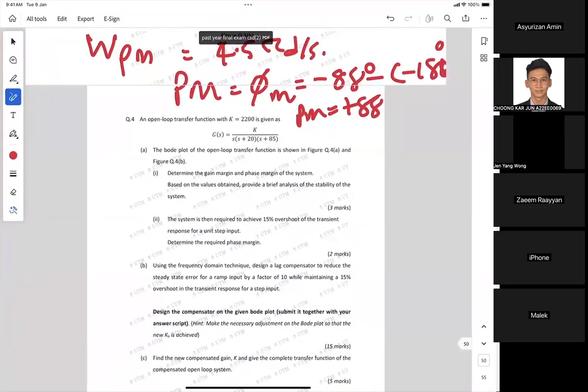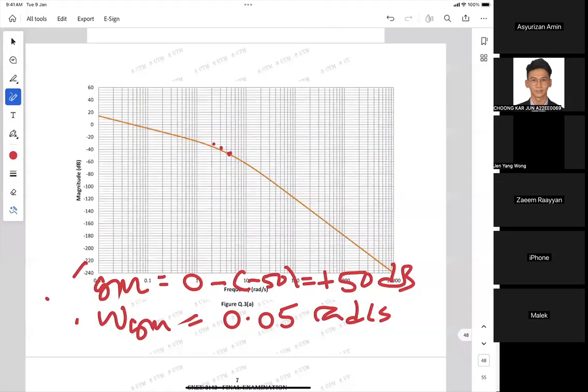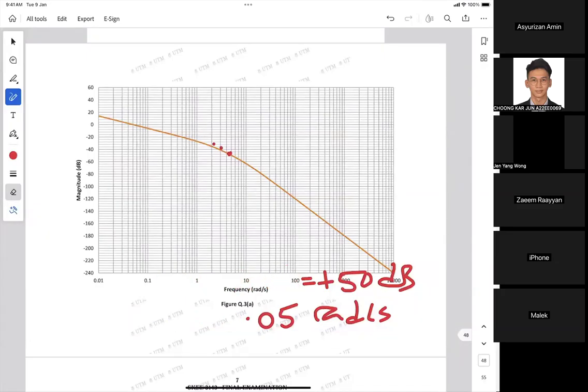Okay. This one. Okay, use a ruler. This one is how many dB, guys?